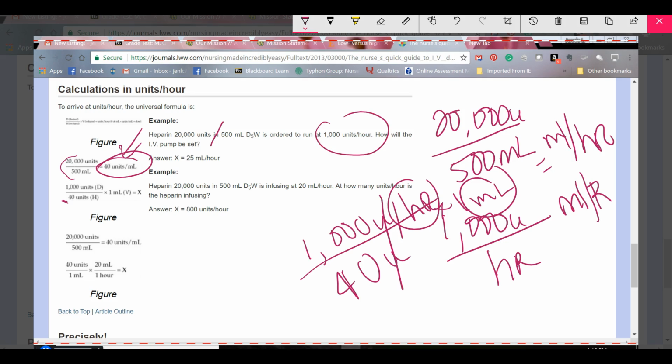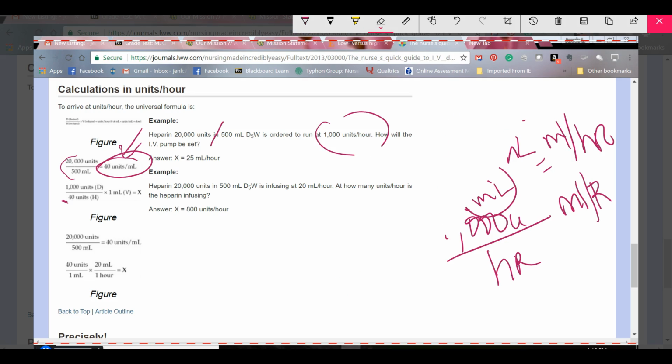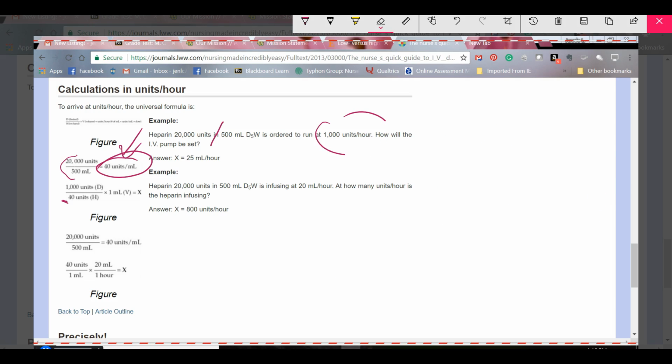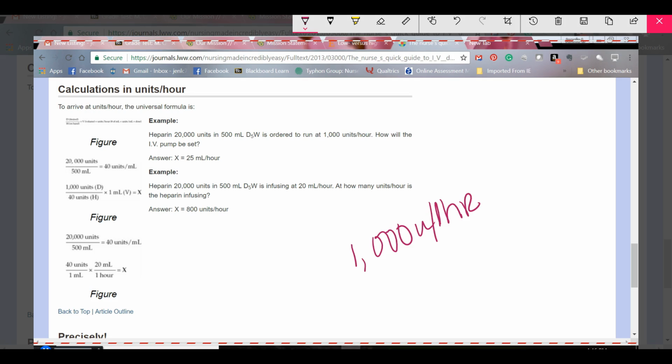So there's a couple different ways you can actually put that together, as long as you end up getting the same answer every time. So you can actually do, let's see, we have 1,000 units per 1 hour, and then we have the 40 units.